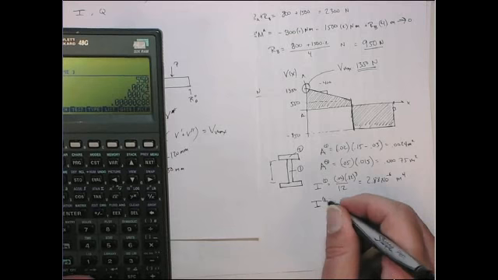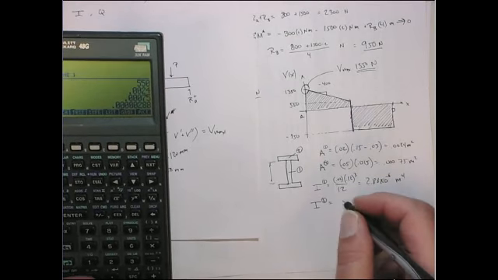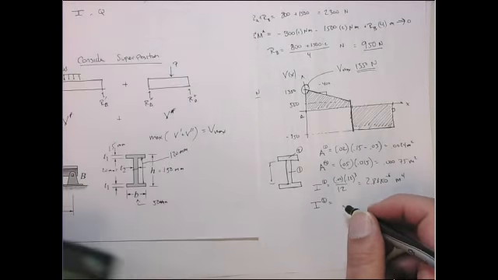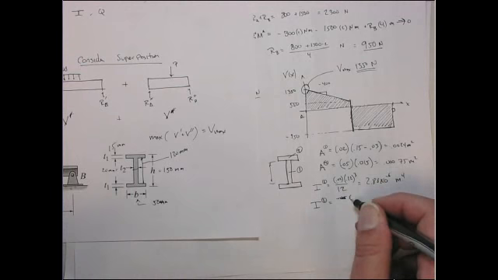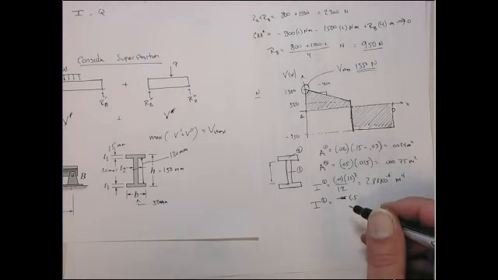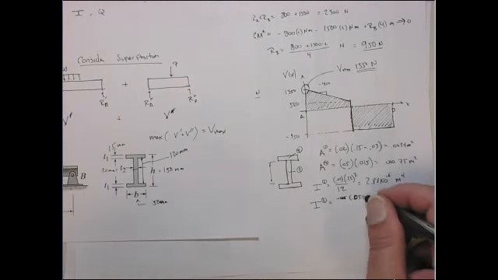The I of the flange is going to be its base, which is 0.05. Wait, base is 0.5 meters. No, it's 50 millimeters. So it's 0.05. That's the base.